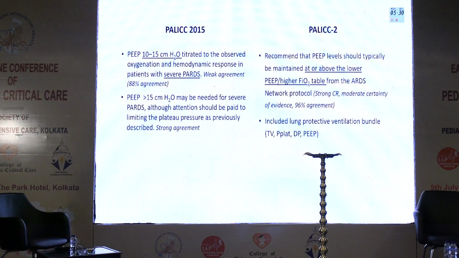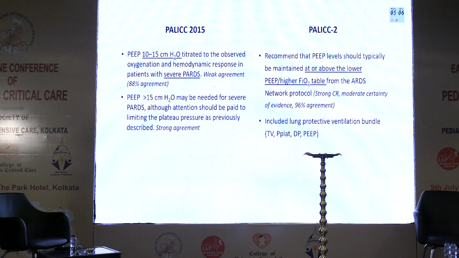Regarding the PEEP, the level should typically be maintained at or above the lower PEEP higher FiO2 chart, which was used by the ARMA trial and published in 2000 in the New England Journal of Medicine. Now the guidance is don't use 10 to 15 ml as guided by the 2015.